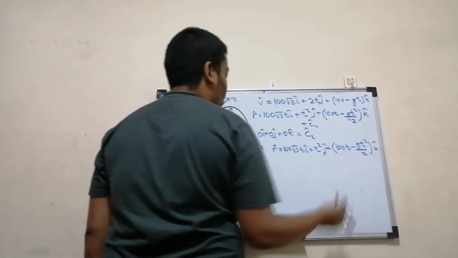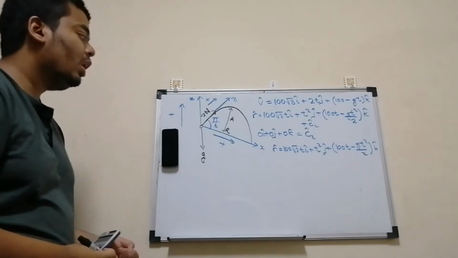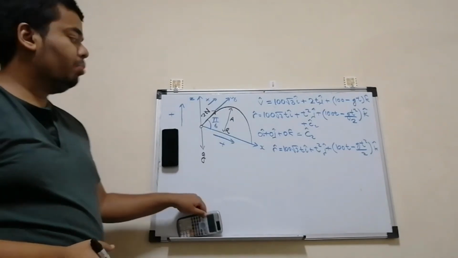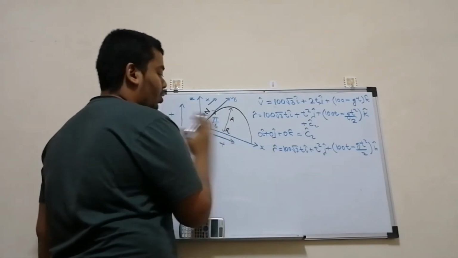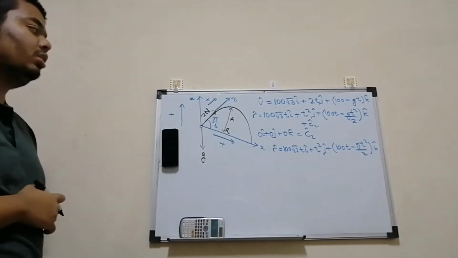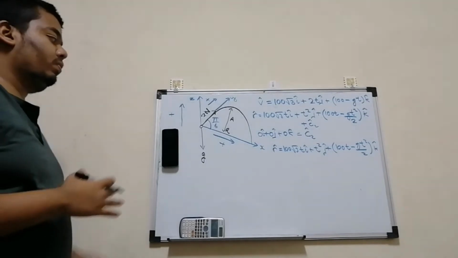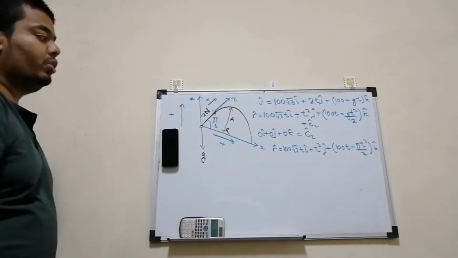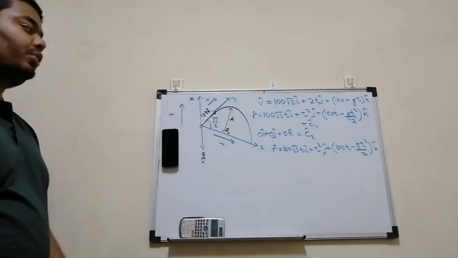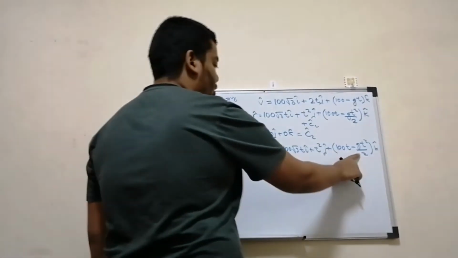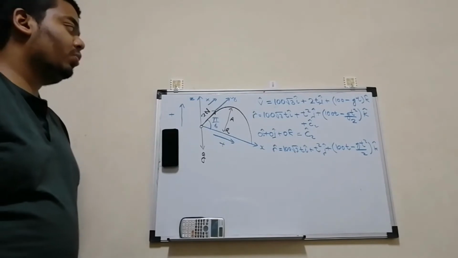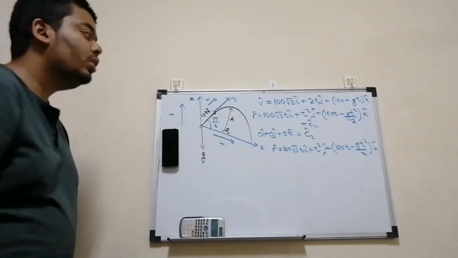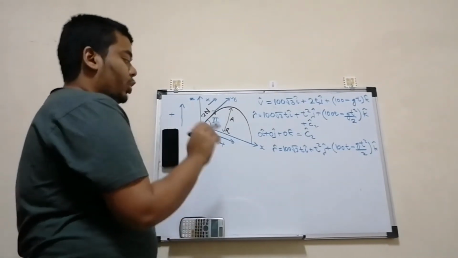Now in the question they were asking us to find the range of the particle. So this is the range, the horizontal distance traveled by the particle. When does the particle travel a particular horizontal distance? It happens when the vertical position vector is 0. Got me? So when the vertical position vector is 0, that's when the particle has achieved the range.